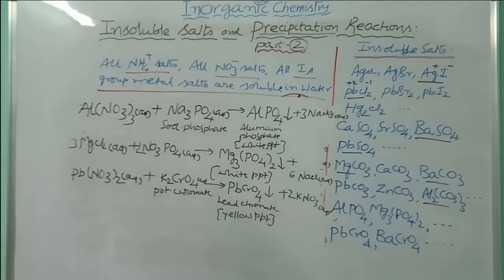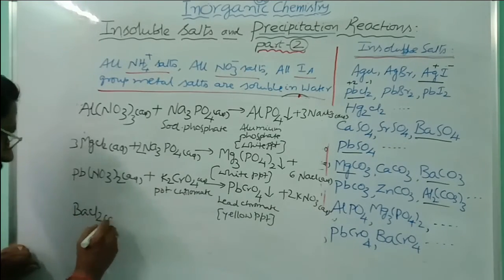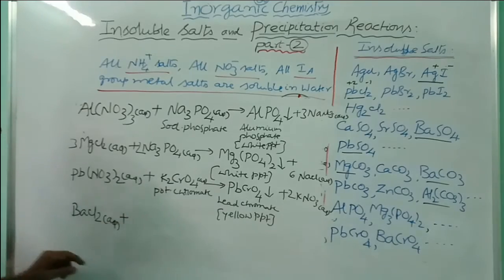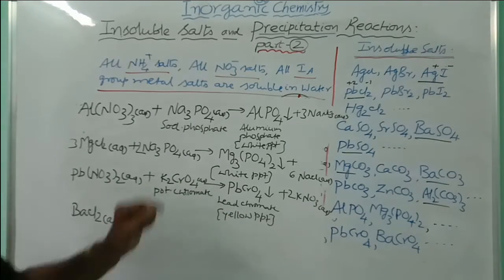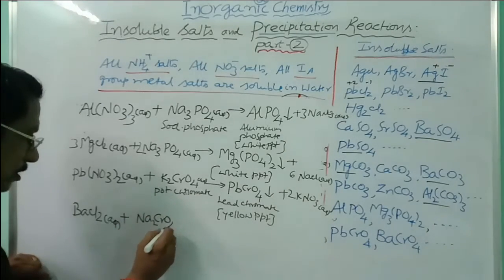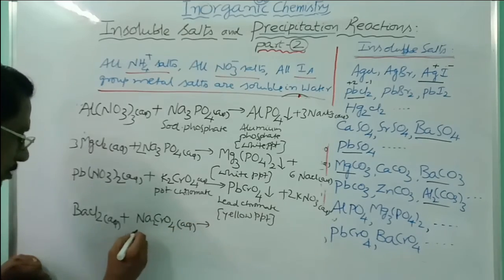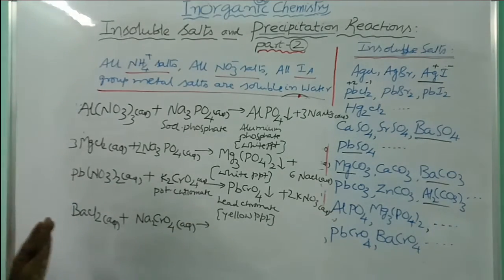And finally, I am taking barium chromate. You can take barium salt like barium chloride, aqua. Barium chloride I am taking, aqua. Chromate solution, I am taking sodium chromate, Na2CrO4, yellow solution. This is also soluble in water. This is sodium chromate, this is barium chloride. Both are mixed.